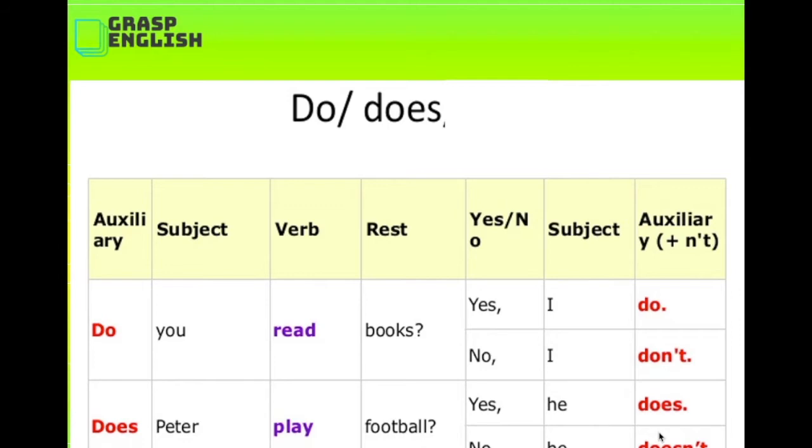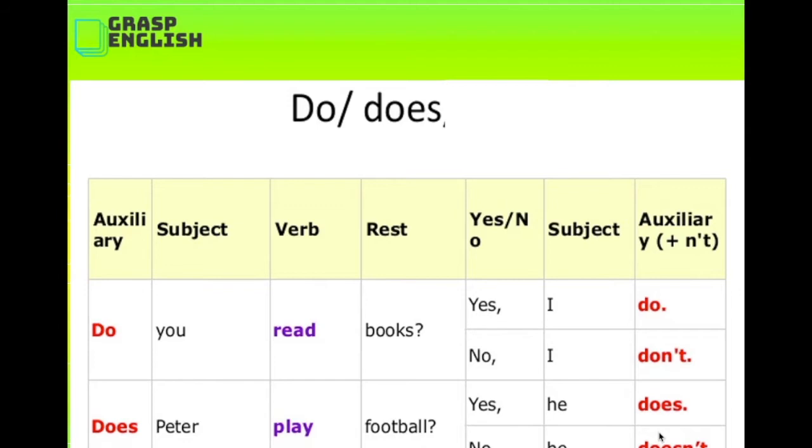Okay. Next is does. We are going to now learn does. Does Peter play football? It is the interrogative sentence again, the question sentence again. But see here with does, we are using play. Does Peter play football? Yes, he does. So in this we are going to learn the interrogative, affirmative and negative sentence, all three together.